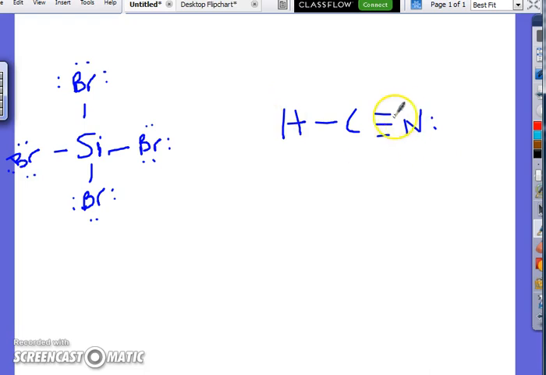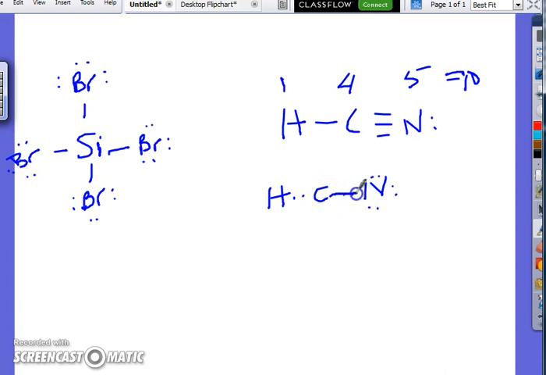Now, how did I get this structure? Well, I've got one valence electron here, I have 4 here, and I have 5 here. That gives me 10 electrons. So if I start from scratch, carbon likes to be in the middle, I'm going to give my outside atoms the ones that they want, right? Hydrogen wants 2, carbon wants 8, and I've used up all of my electrons.